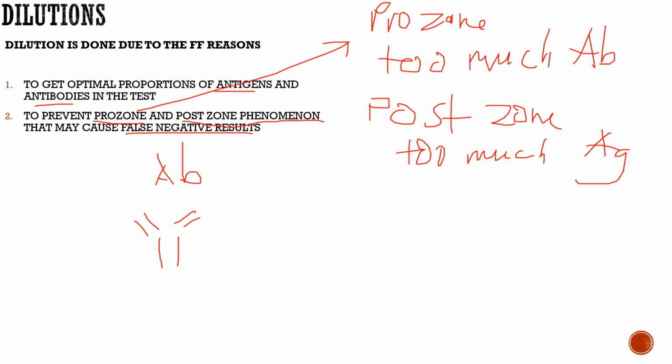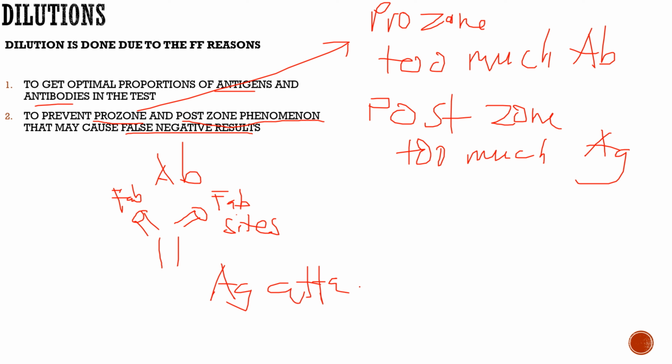Now, dito sa branching niya, dito sa part na to, this is known as the Fab, capital F, small ab. These are known as the Fab sites. The Fab sites, class, is where the antigen would attach. So, draw ako ng antigen, class. Let's choose a common type of antigen. Let's choose the bacteria.